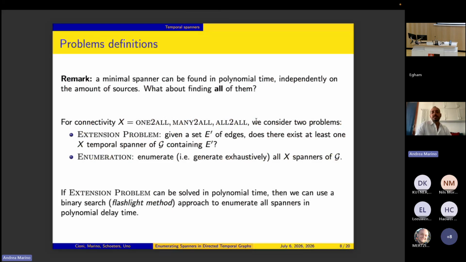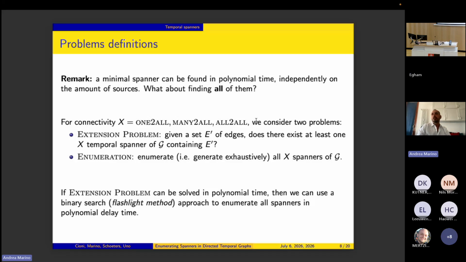The idea is that I give you a partial solution, so a subset of the edges, and I ask you whether you can complete this subset of edges into a solution, a temporal spanner according to the connectivity constraint. And if you are able to solve this in polynomial time, then automatically you can solve also enumeration of the spanners.